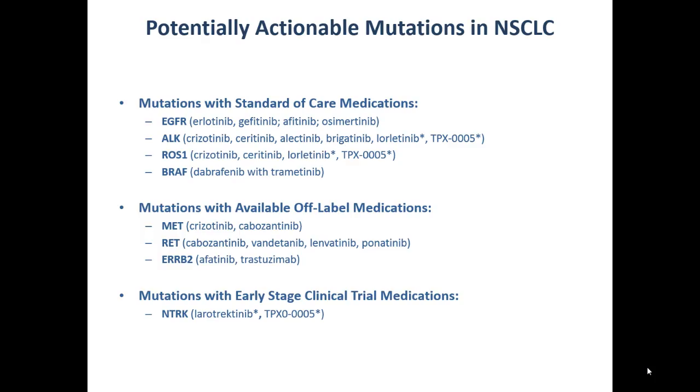Just to give you a very brief summary: in the field, the potentially actionable mutations in non-small cell lung cancer, and most of that, like we just spoke, is adenocarcinoma. What I did here is divide them into 3 groups for you. One is mutations with standard of care medications.